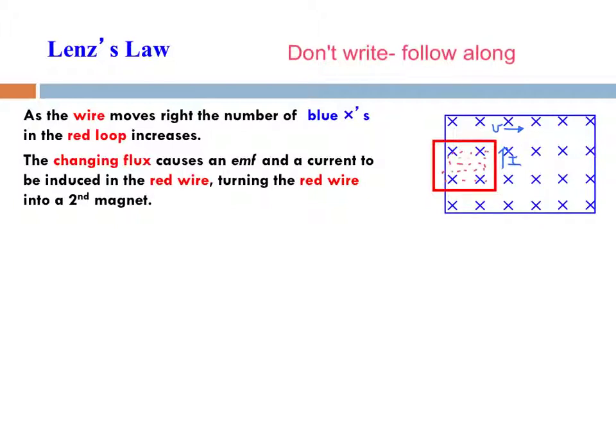So the magnetic field created by the red wire is shown by the red dots. So again, my magnetic field by the wire is going to be in the positive Z direction, whereas the magnetic field that's already there is in the negative Z direction. Again, as it's going into the magnetic field, it wants to oppose the magnetic field that's happening on the inside.